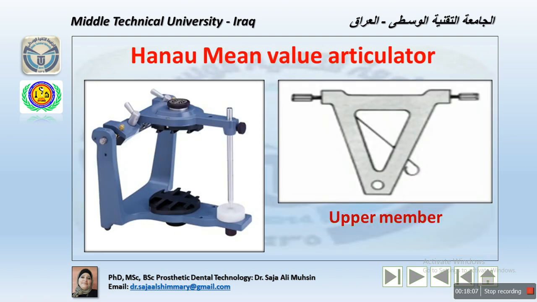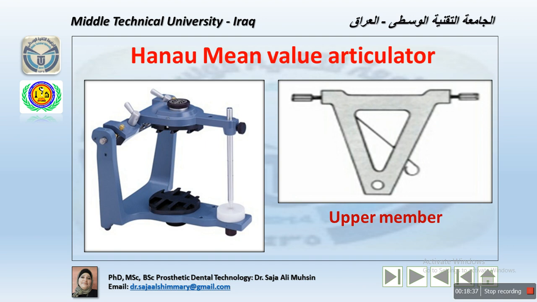So in the Hanau Mean Value articulator, the upper member is a triangle frame, as in the image on the right side, with the base of the triangle placed posteriorly. The apex of the triangle contains a provision to accommodate the vertical rod, which is the incisal pin.